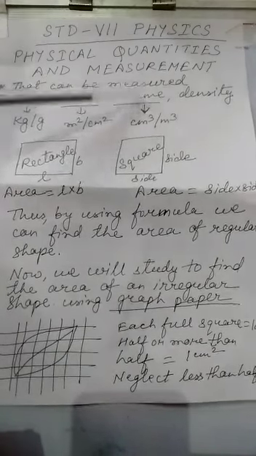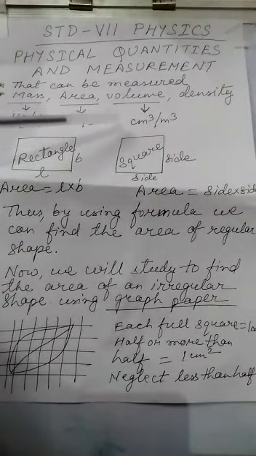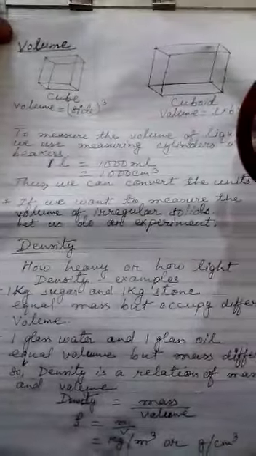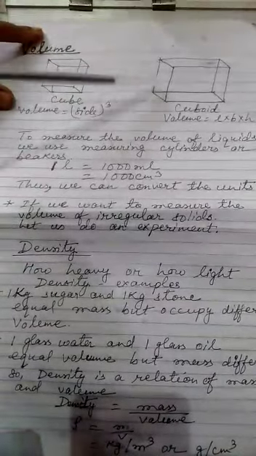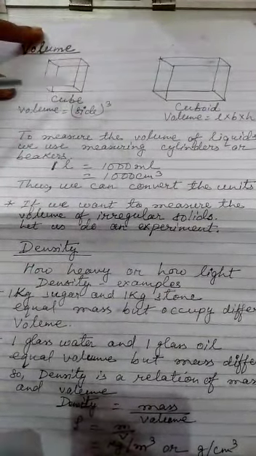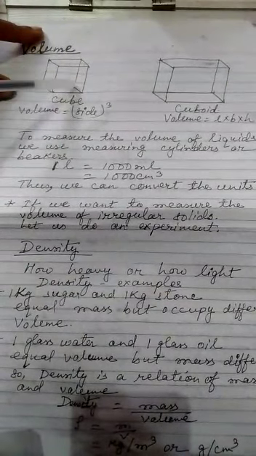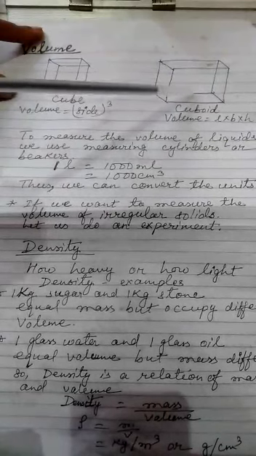Coming to the next physical quantity, that is volume. You must have studied before regarding the volume of a cube or a cuboid, that a cube is made up of squares and a cuboid is made up of squares or rectangles.